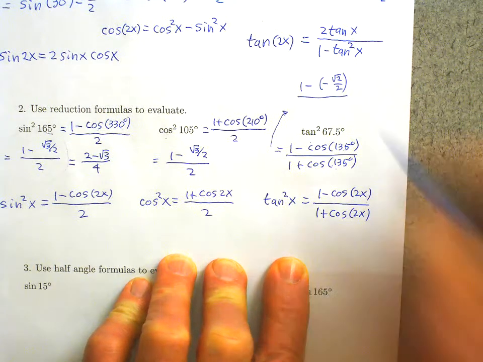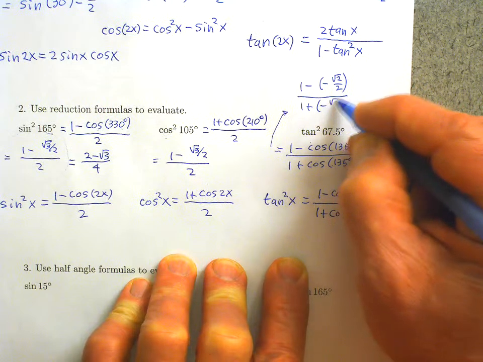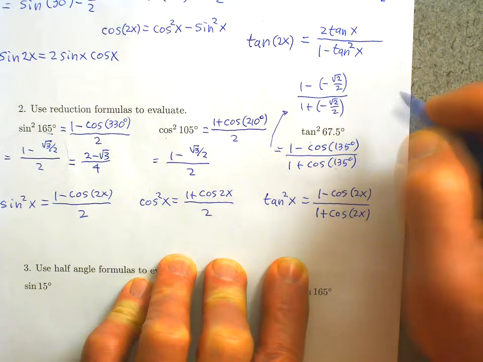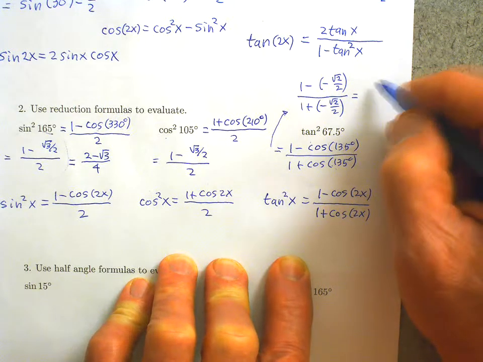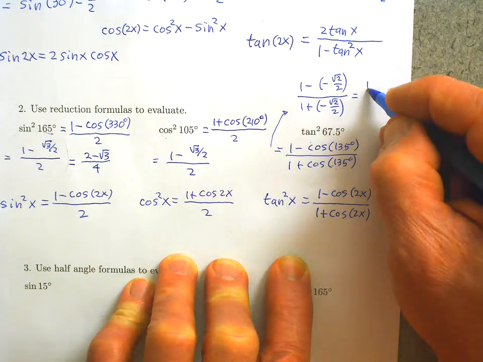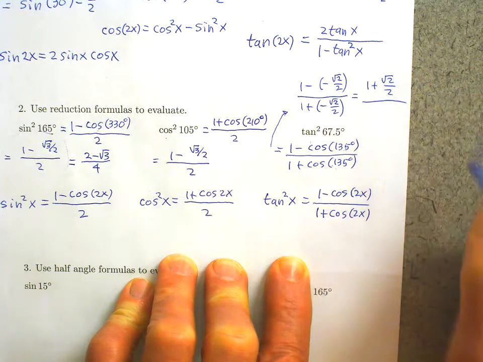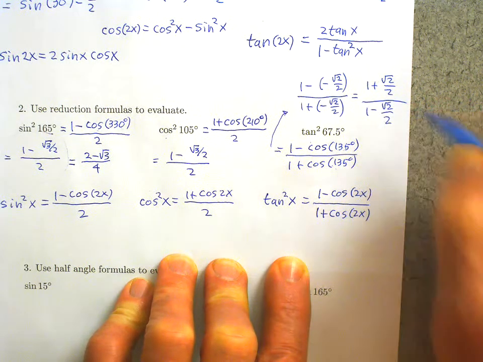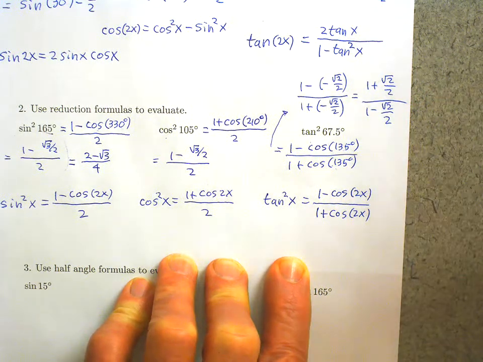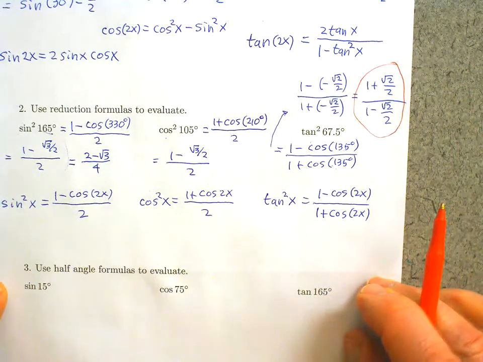And then in the denominator, 1 plus negative square root of 2 over 2. We'll simplify it a little bit more and call it good. So in the numerator, let's just write 1 plus the square root of 2 over 2 and divided by 1 minus the square root of 2 over 2. So on a test, this is an okay answer if you want to leave it like that.